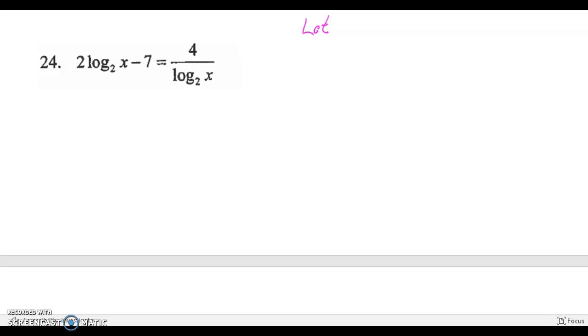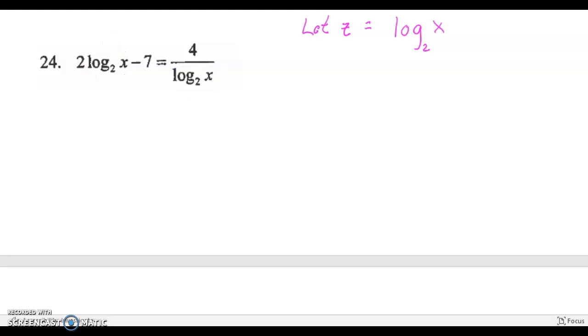Let z equal log base 2 of x. Notice that it's here and it's here.